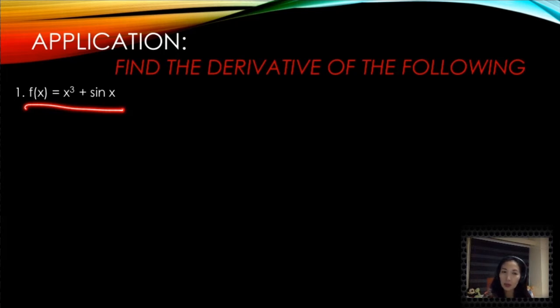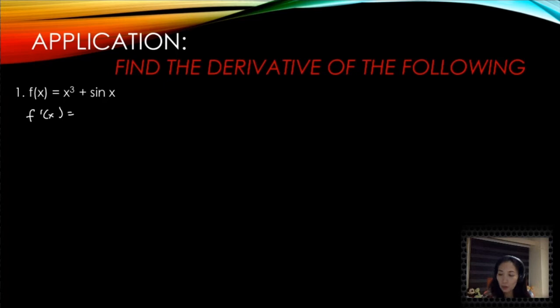So here we have the sum of x cubed and sine x. From your sum and difference rule, f prime of x is simply the derivative of the first plus the derivative of the second.